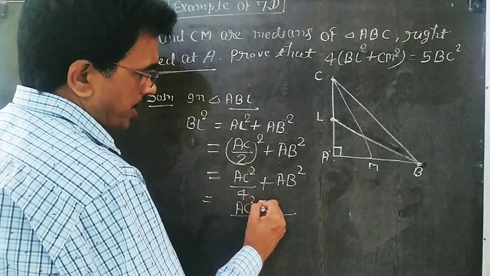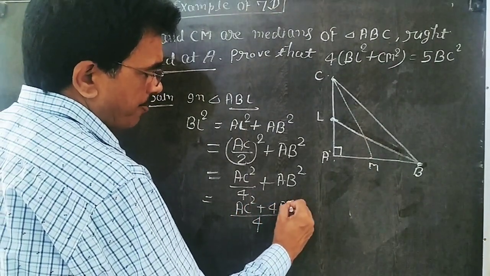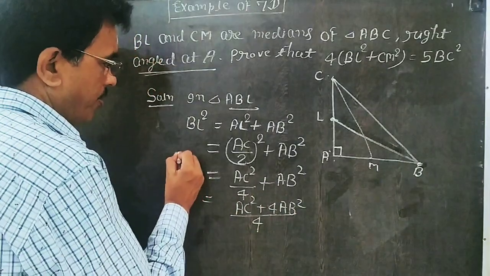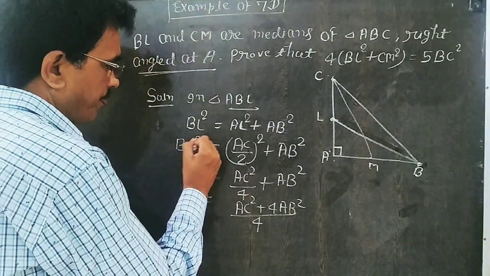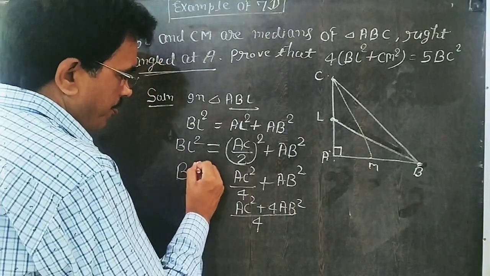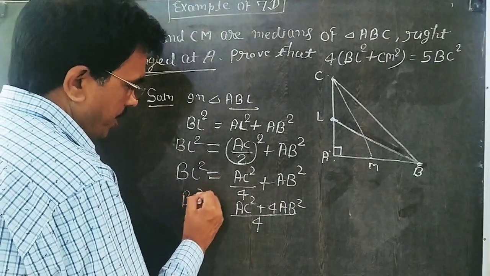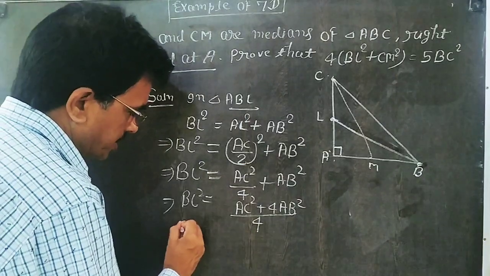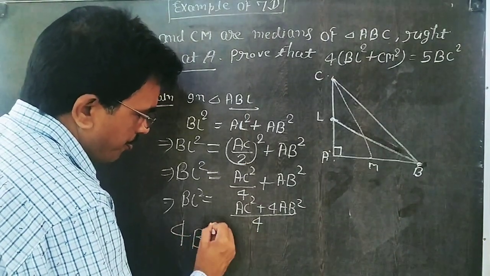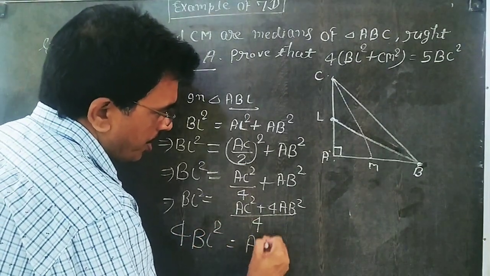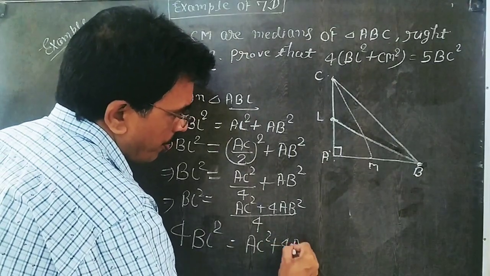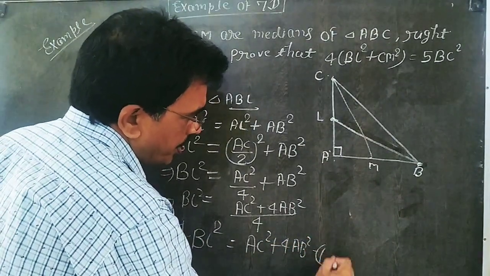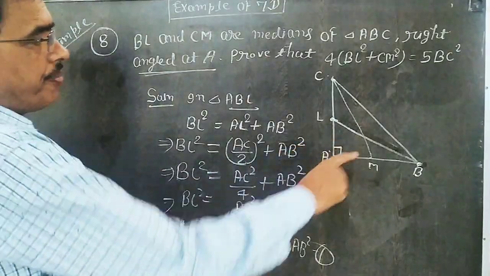It is AC square plus 4AB square over 4, equal to BL square. Now cross multiplication: 4BL square is equal to AC square plus 4AB square. This is the first equation for finding BL.